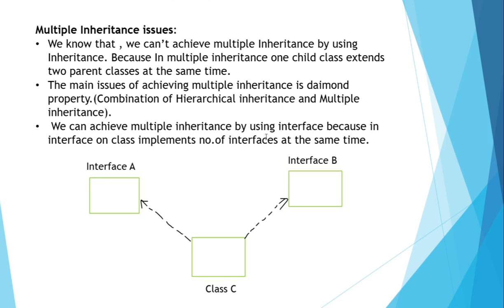We can achieve multiple inheritance by using interfaces because one class implements a number of interfaces at the same time. That's why we can achieve multiple inheritance using interfaces.